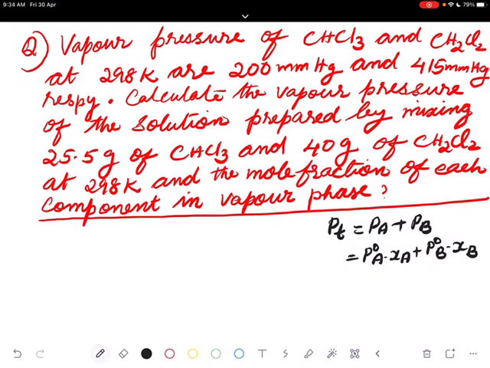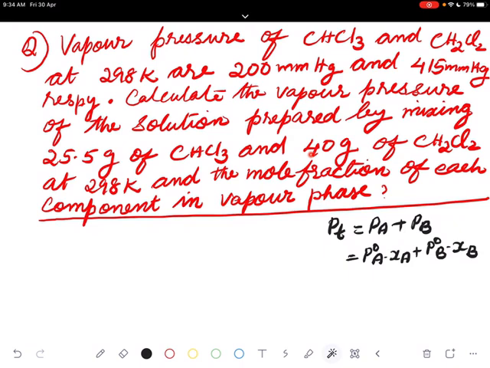P naught A is given, P naught B is given, XA and XB you can find out from the 25.5 and 40. You find out only XA or XB, and one minus that will give the other one.